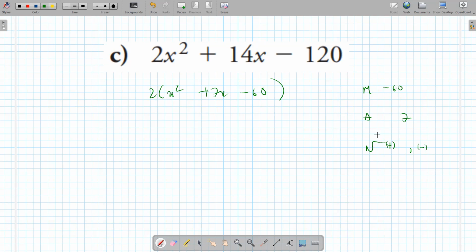The bigger one is going to be positive, the smaller one negative. That's the only way it could add up to positive 7 and multiply to a negative number. Think about 60. You can have 2 times 30. That'll never add up to that. Is 60 divisible by 3? Yes, 3 times 20. That's also never going to add up to 7. 4 times 15. What's the next one?